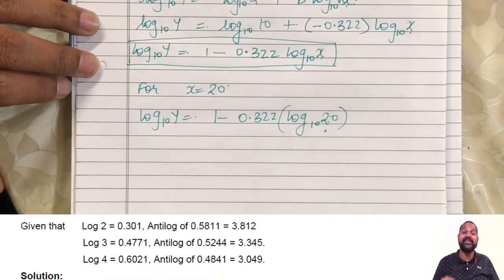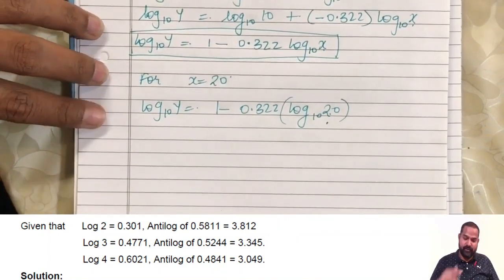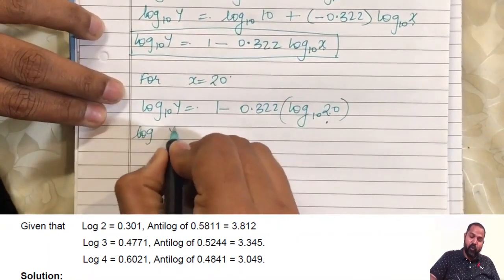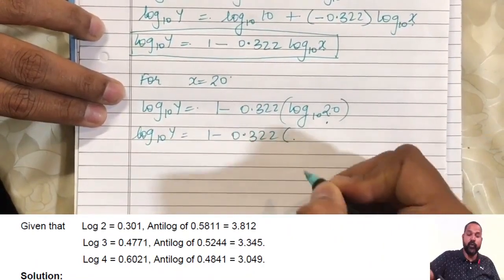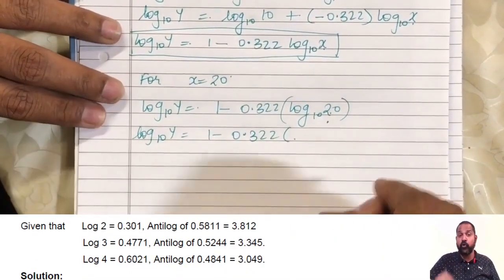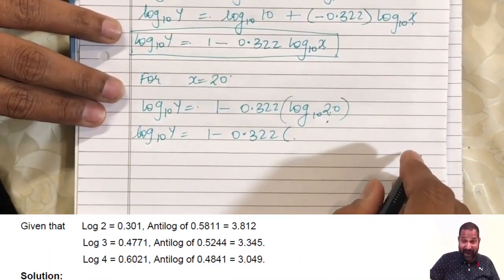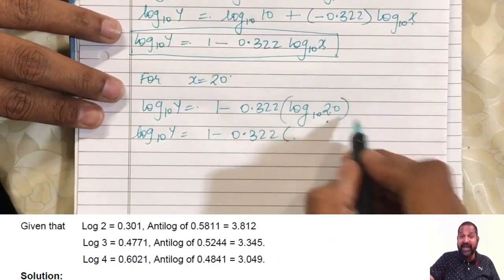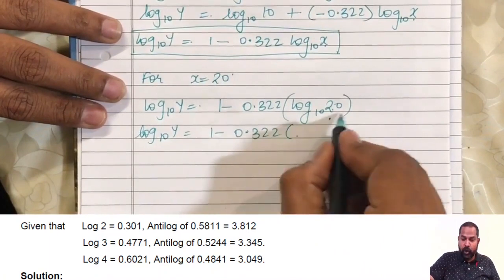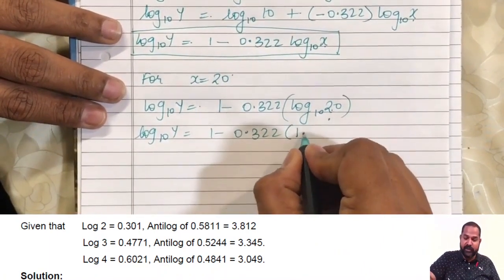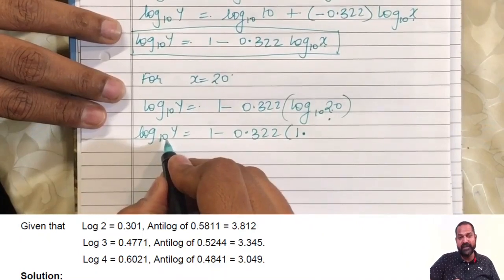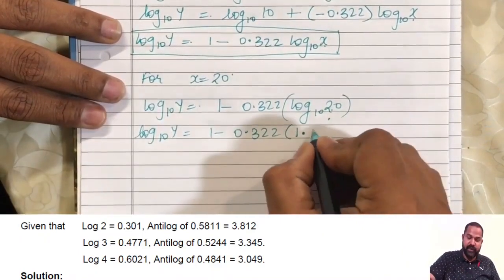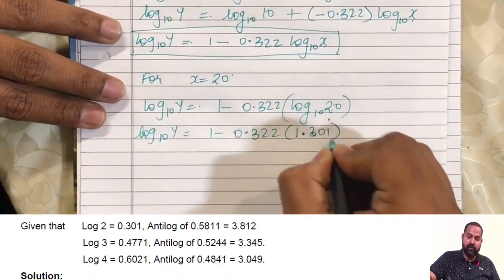The characteristic will change. And I will say log y to the base 10 is 1 minus 0.322 into. If log 2 is 0.301, log 20 will be 2 places before the decimal minus 1 is 1. Point. Log of 20 and log of 2 will be the same, which is 0.301.